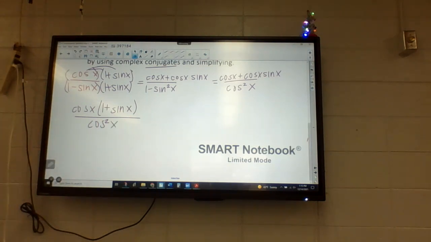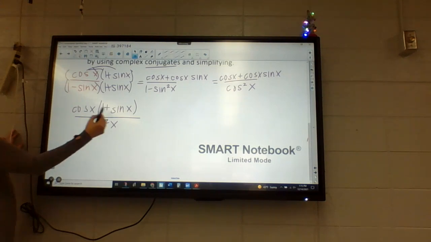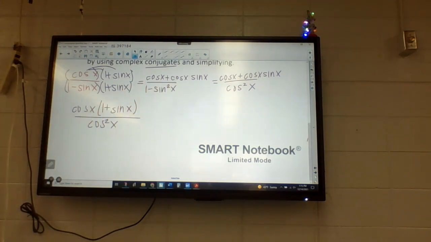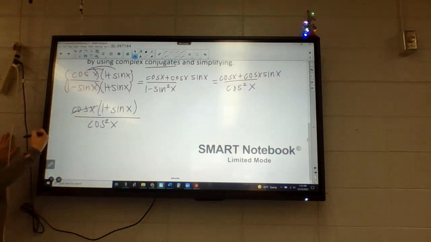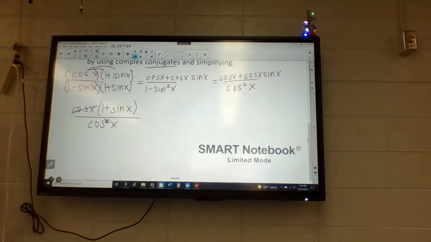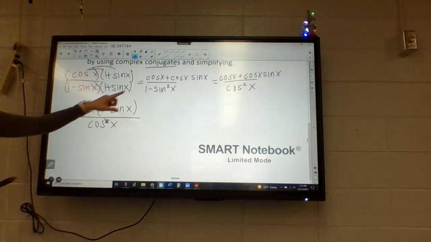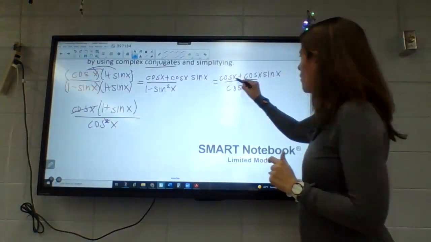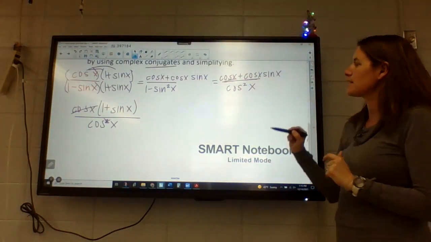So what I'm saying we can do is that I factored this out now. I took a cosine out, just like I factored out the x down here. One of these cosines is going to cancel with one of those. So this is cosine, and then this is cosine times sine.